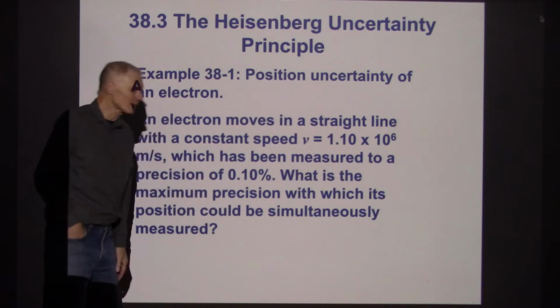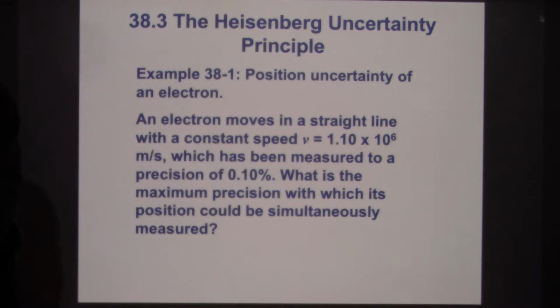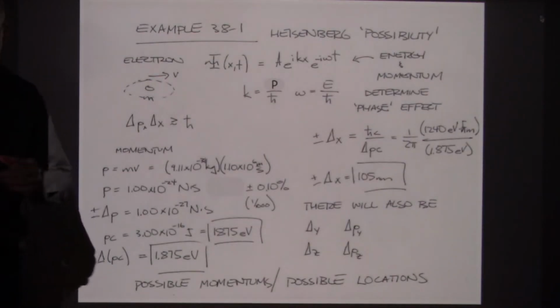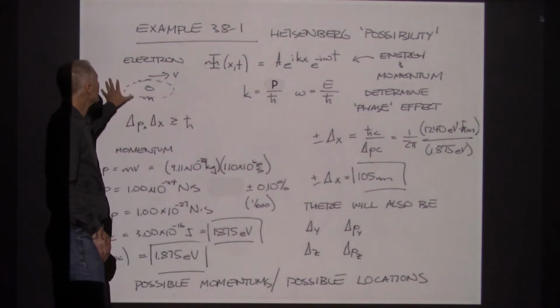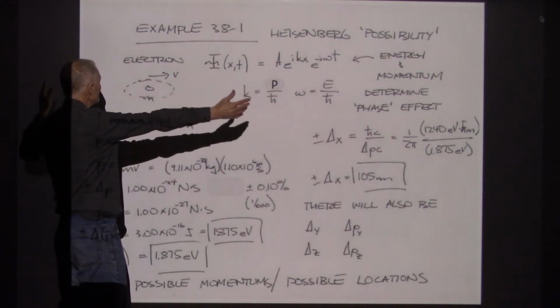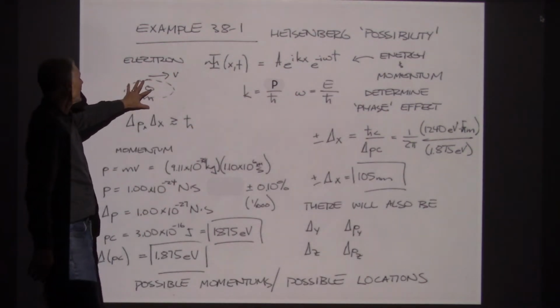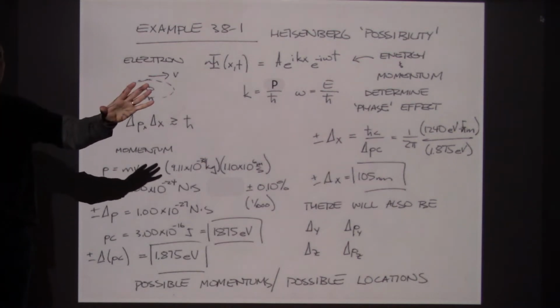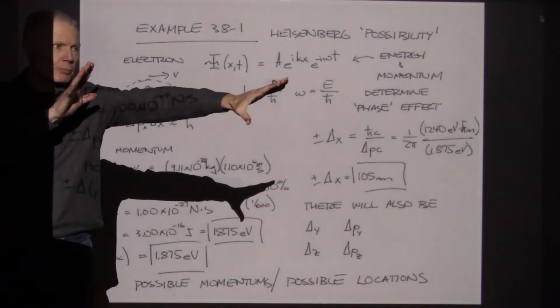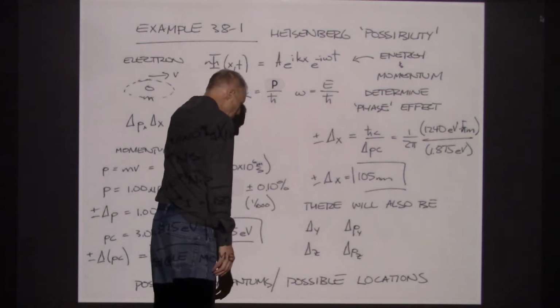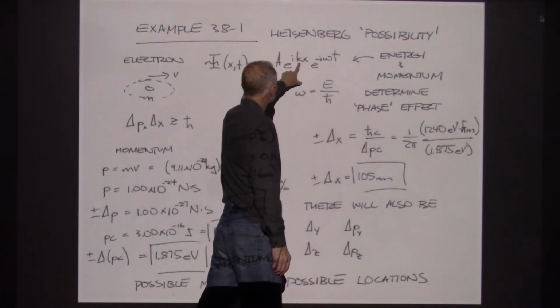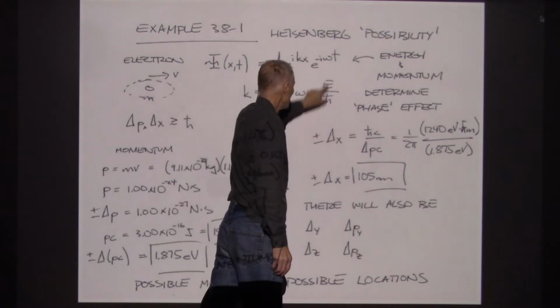What would be its position then? How much of a range of possible values? Again, what we've got is a particle all by itself, representing a range of possible locations. It's not just at one location, it's kind of a blob of different locations spreading through space. And the wave function here would have definite momentum and definite energy.